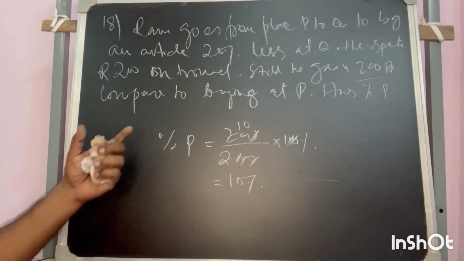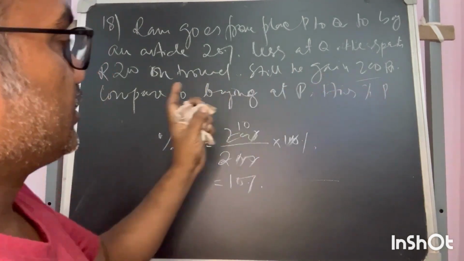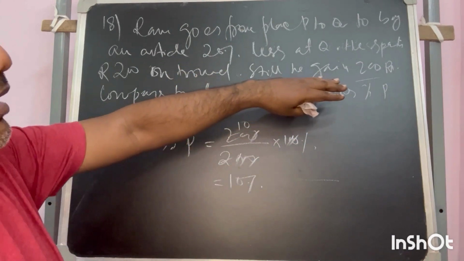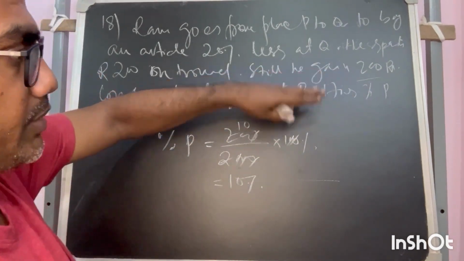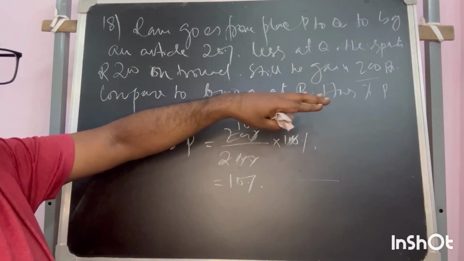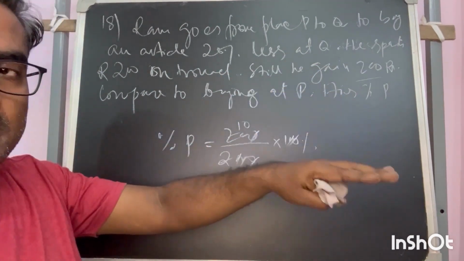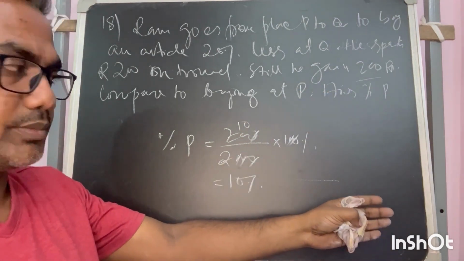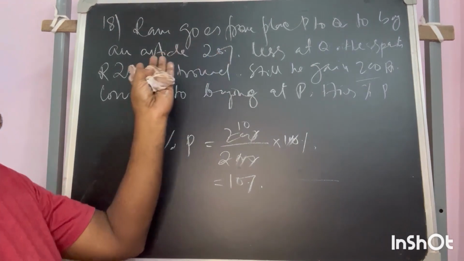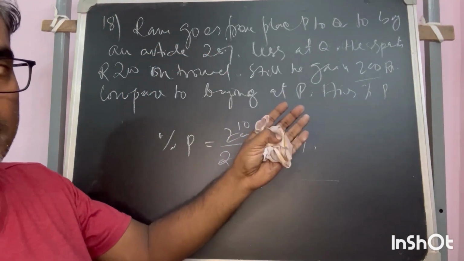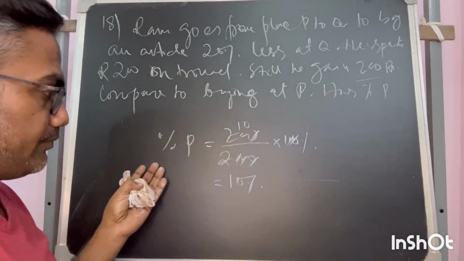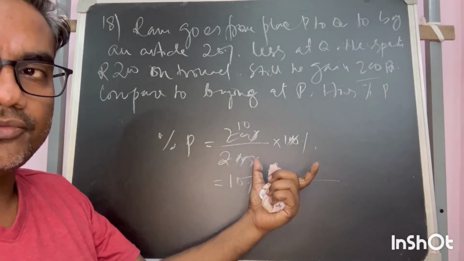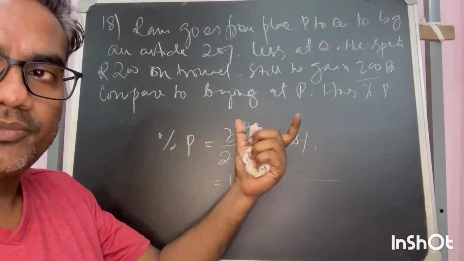Understood? Here no selling price is involved. There is a comparison between the two prices only. From there, this is the apparent profit. How much he can save is also considered to be a profit, because if he buys that article from P2 rather than from P1, he already has a cost advantage of 200, and that is also considered to be a profit for him.